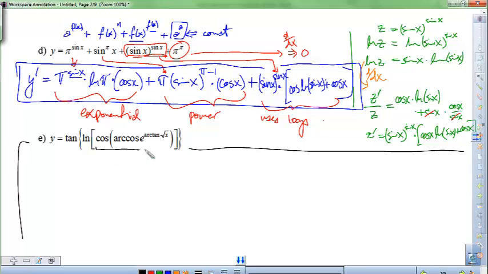First, we can take a look at this portion of the problem where we see the cosine of the arccosine of something. Well, it turns out that that little bit will undo each other. So without taking the derivative yet, we actually have y is equal to the tangent of the ln of, the cosine and the arccosine undo each other, and all we have here is the ln of e raised to the arctan of square root of x.